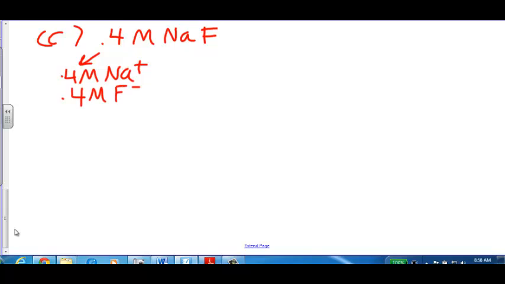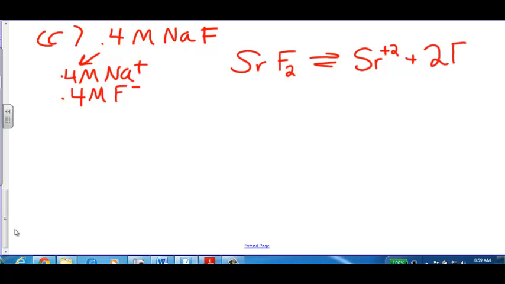But they want the solubility of SrF2, so that's still our reaction: SrF2 dissociating into Sr2+ and 2F minus. Again, we're starting with some of this. The big difference, since we're not in pure water, is we're starting with one of our ions that we would dissociate into. Who are we starting with now? F. How much? 0.4. How come it's not 0.8?